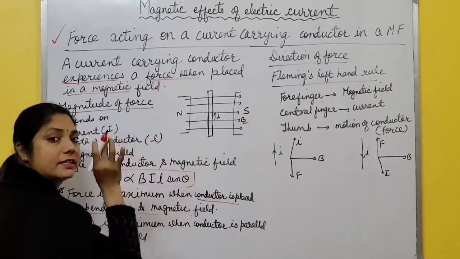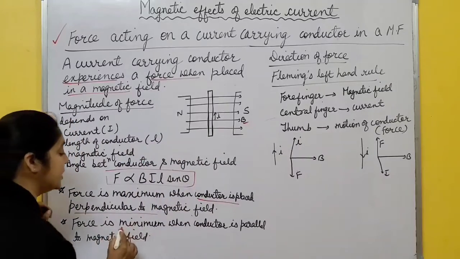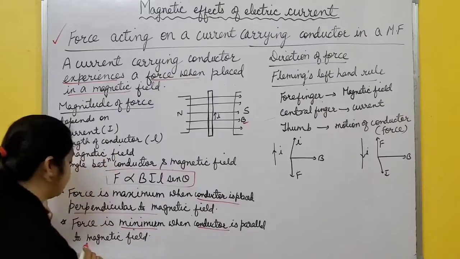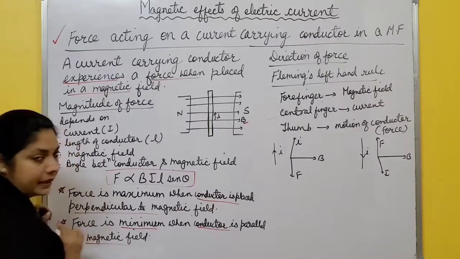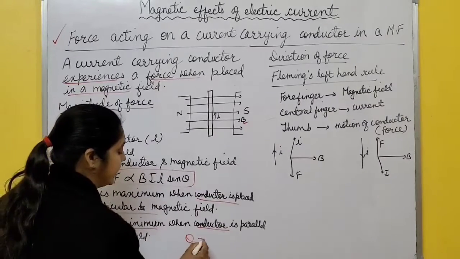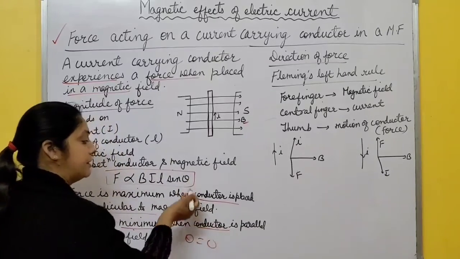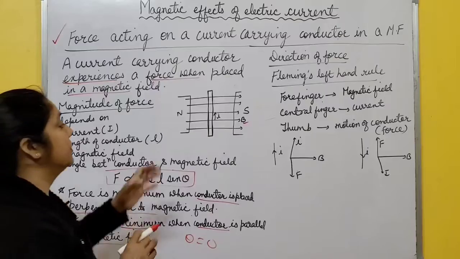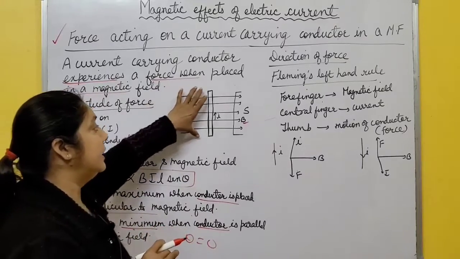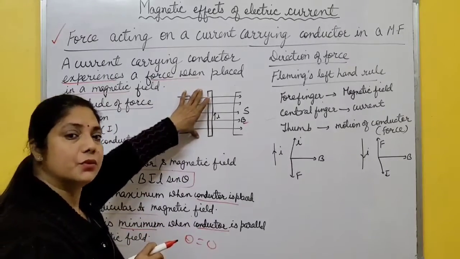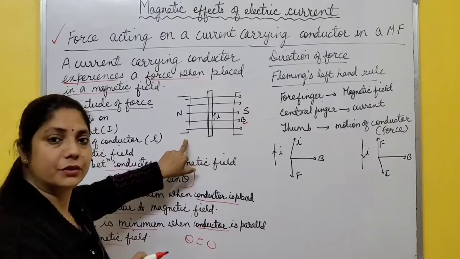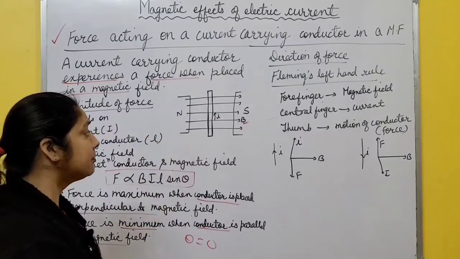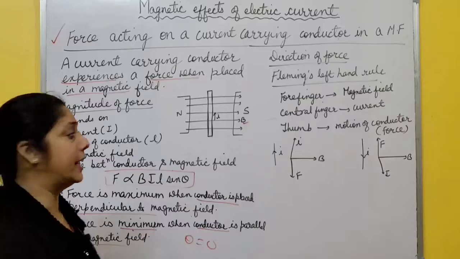If both are in the same direction, it means the conductor is placed parallel to the magnetic field, then force is minimum. In that case theta is 0 and sine 0 is 0, and if it's perpendicular then sine 90 is 1, so maximum force is there. So it's clear that a current carrying conductor experiences force when placed in a uniform magnetic field, right? Now how do you find the direction of that force?